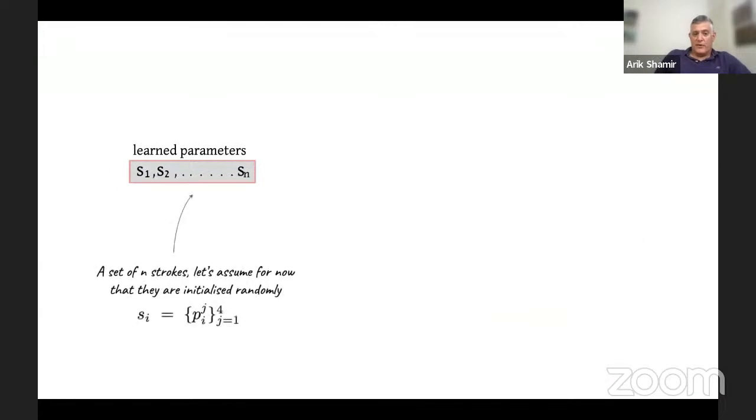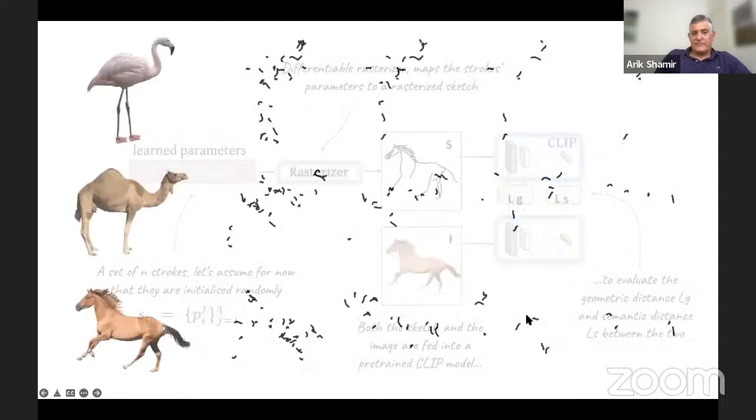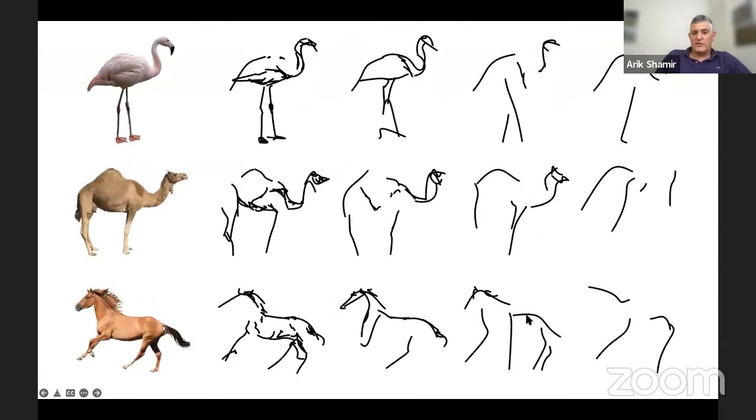I'm going to try and skip some of these because of the lack of time, but the idea is really to optimize based on two losses of CLIP. The first we call geometric loss, which uses the shallow layers, and the next uses the deeper levels that define the semantics. Here you can see the optimization process.